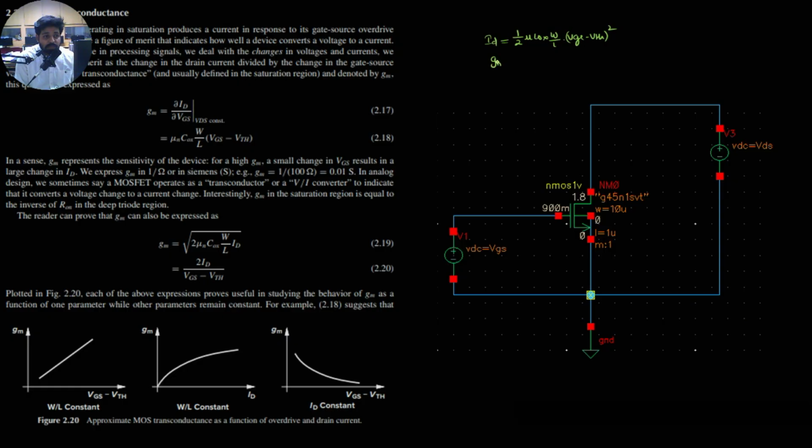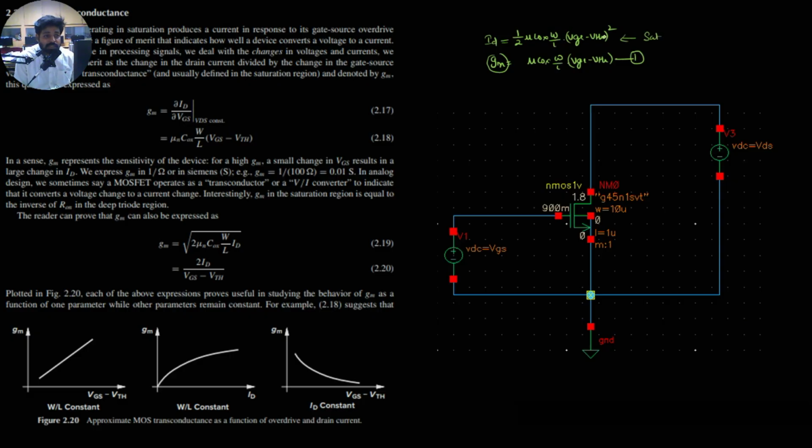So gm is nothing but the derivative of ID with respect to VGS. After we do the derivative, I will get mu Cox W by L times VGS minus VTH. This equation is only satisfied in the saturation region.